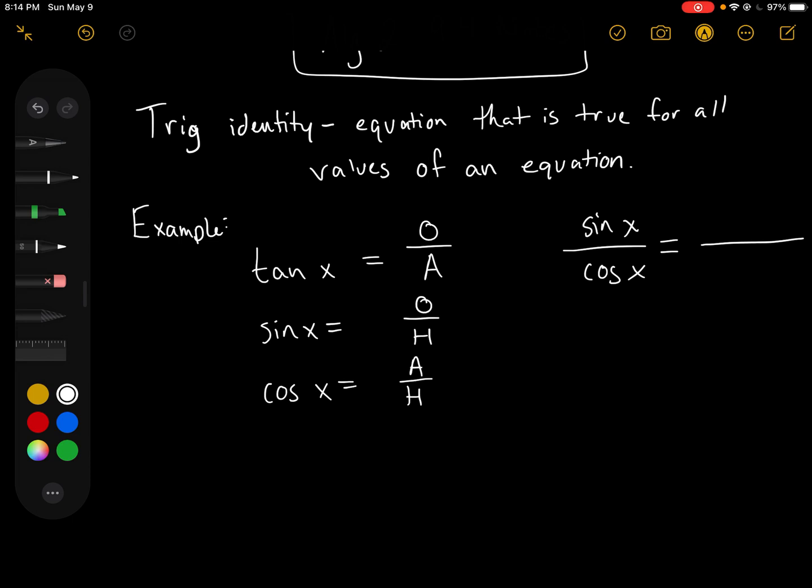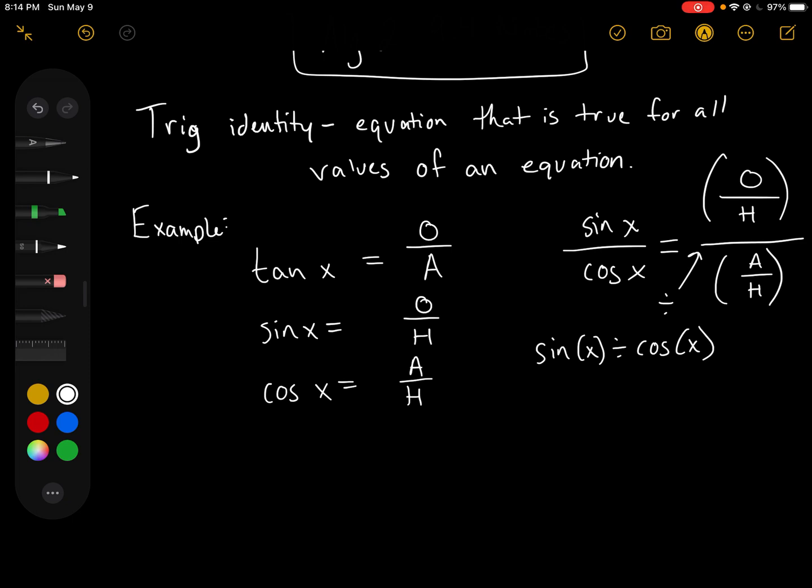So for those of you that were like, Fraction Friday, what are we using this for? Well, we're about to use it right now. So opposite over hypotenuse on top, and then cosine on the bottom, is adjacent over hypotenuse. Well, this fraction bar in the middle, we can also view that as division. So we can see this as sine of x divided by cosine of x. Or alternatively, we can see this as opposite over hypotenuse divided by adjacent over hypotenuse.